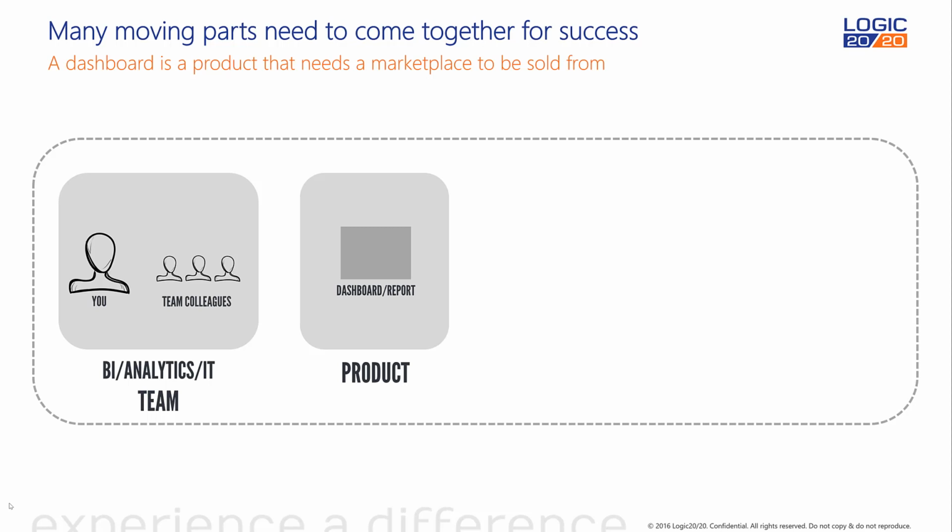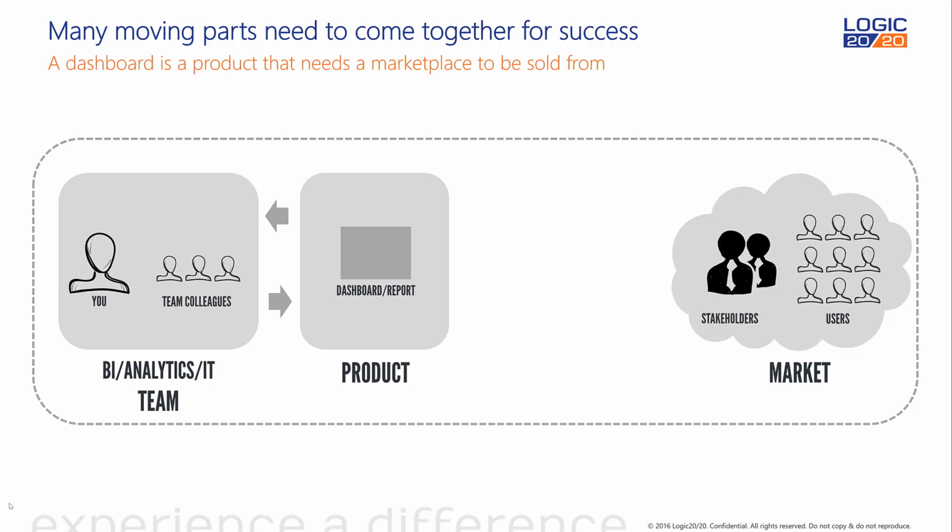Now, we don't often look at what we're building in terms of a product, but we really should. Because when we start looking at a dashboard and a report as a product, we basically need to sell it. And when you're selling something, you're selling it to a market. And your market is largely comprised of two groups of people. You've got the stakeholders for that dashboard, and you've got the users for that dashboard.